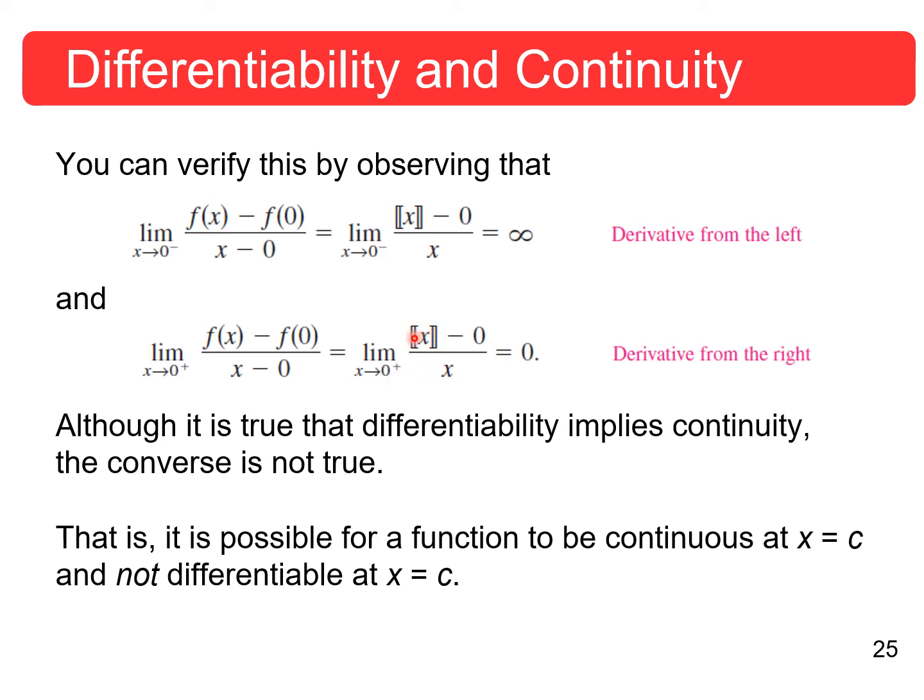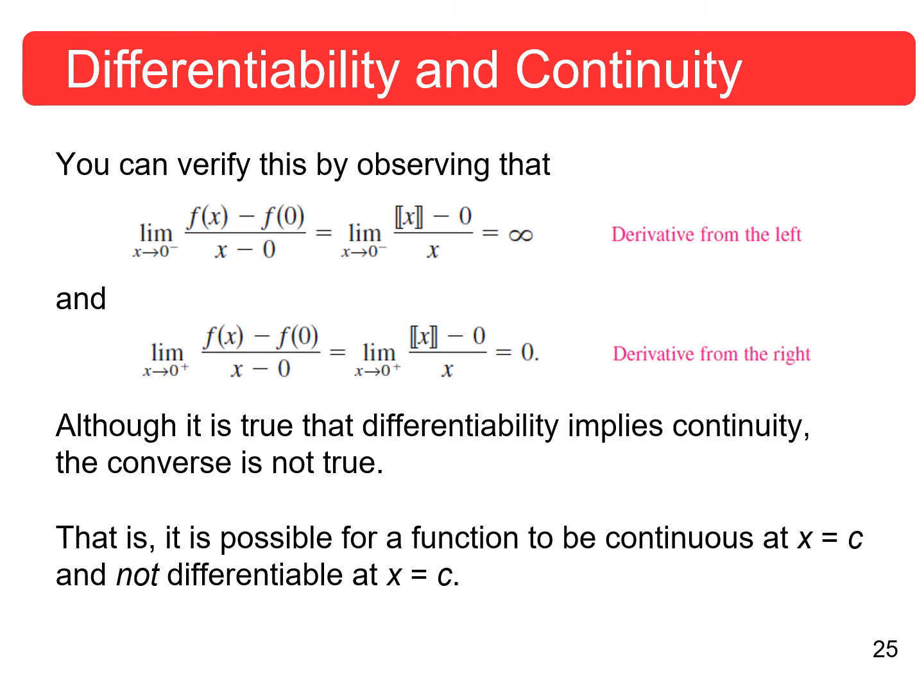If you get the value for this greatest integer function here, you are looking at the interval starting at 0 up to 1, where 1 is not included. So what is the greatest integer there? That is 0. So the numerator is already equal to 0. Therefore, the derivative from the right is equal to 0.